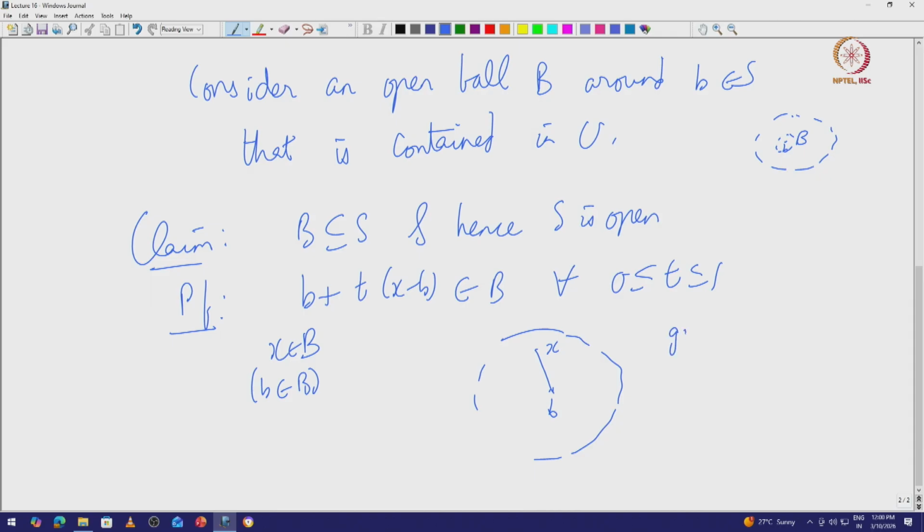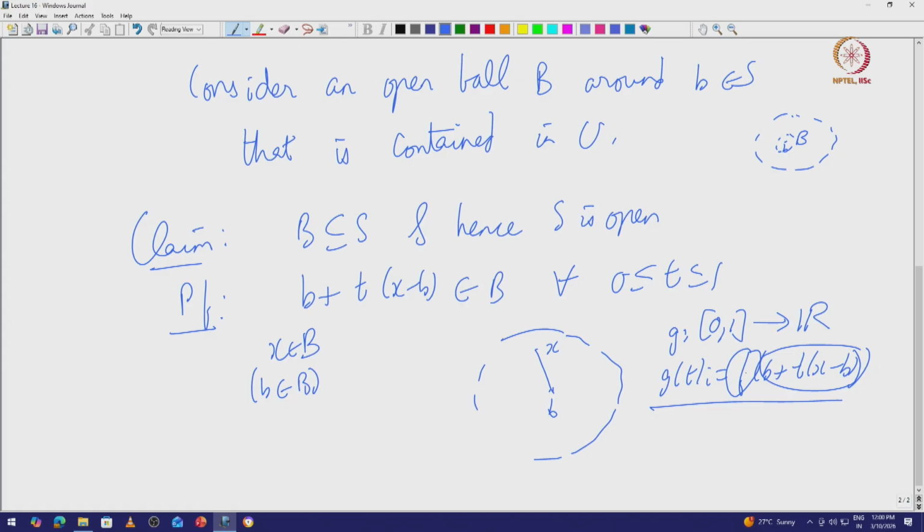So consider the function g. This function g is a composition of two continuous functions. This is a continuous function, this is a continuous function, right?